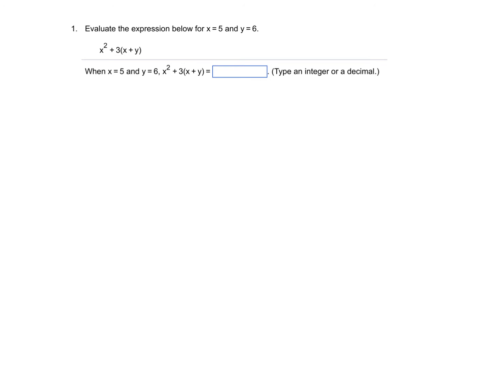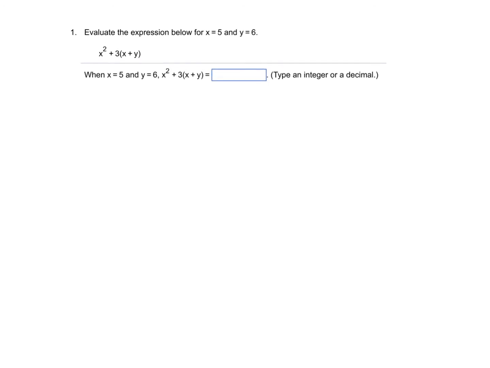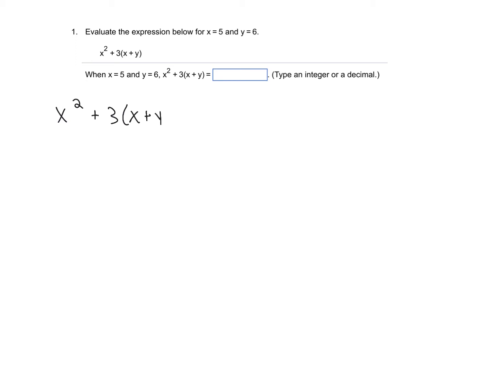If you get an expression like what's written here and it says evaluate this expression for x equals 5 and y equals 6, you want to first write the expression down as is. You always want to write the original expression unchanged. Okay?